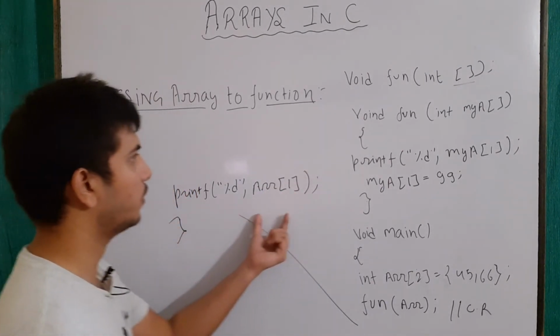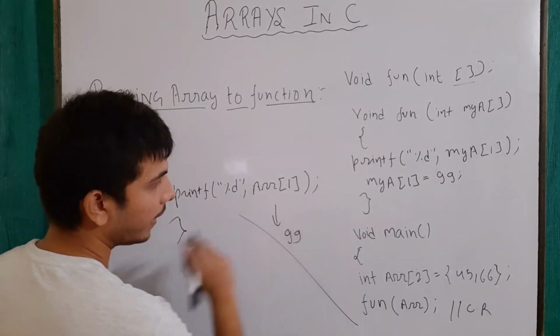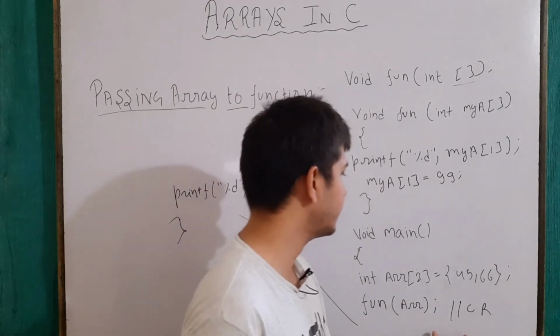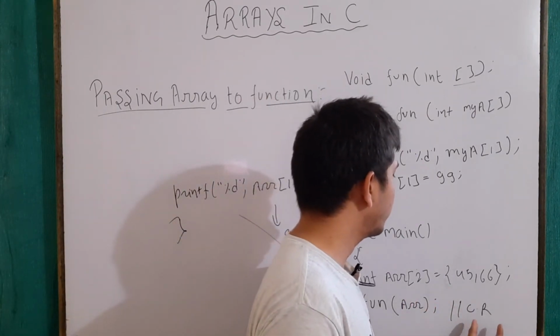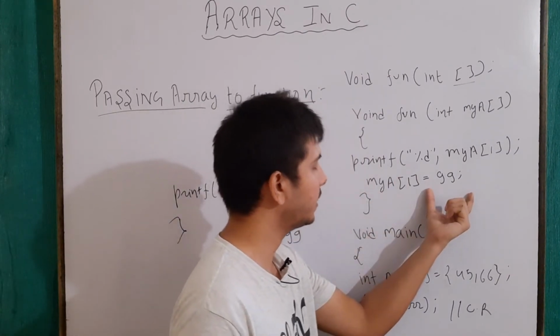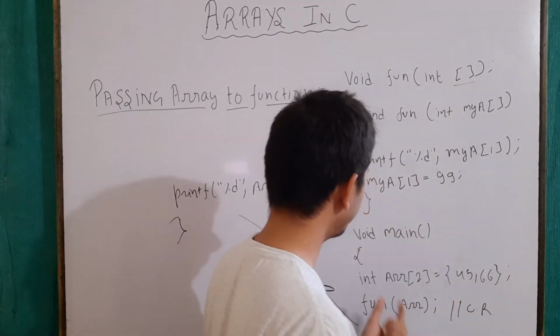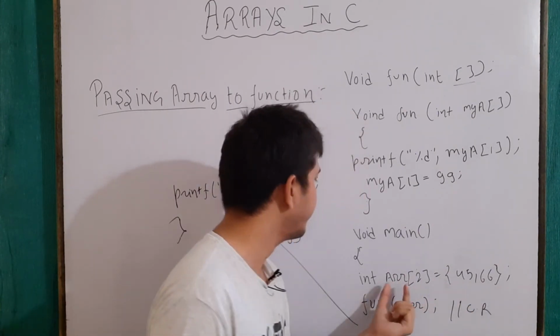Now what will be the output here? The output will be 99. Why 99? Because the entire array is passed by call by reference, and when the array is passed by call by reference, if any element is changed, then that particular element of the array will also change in the main location.